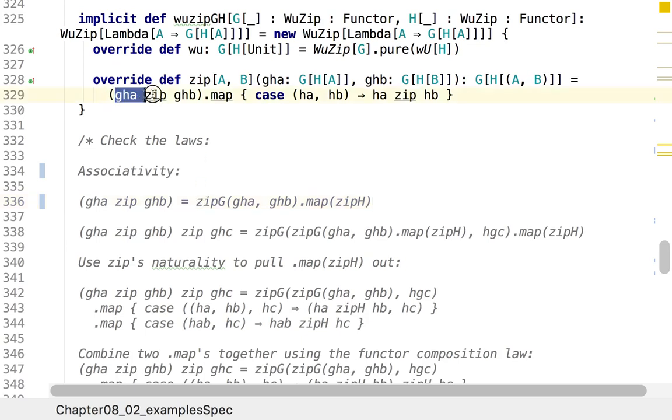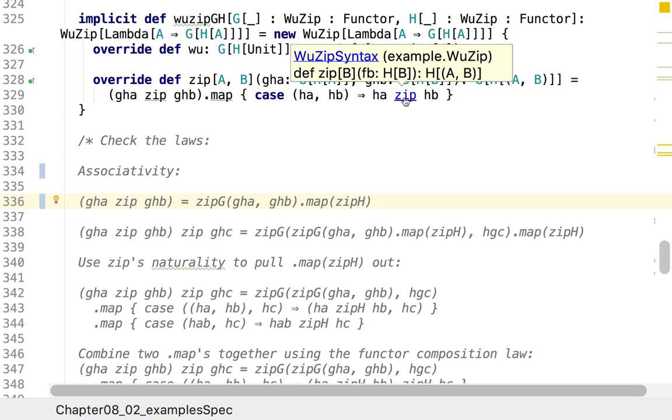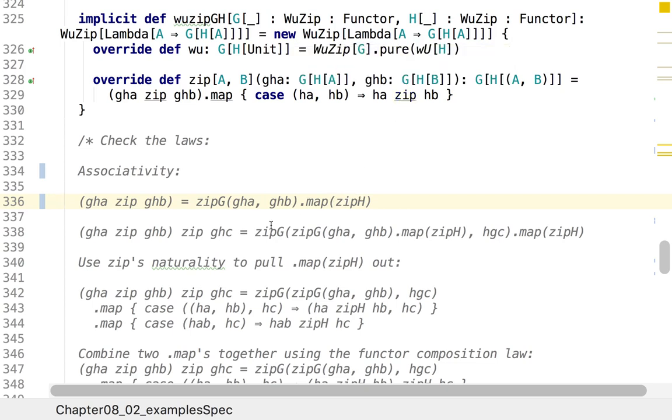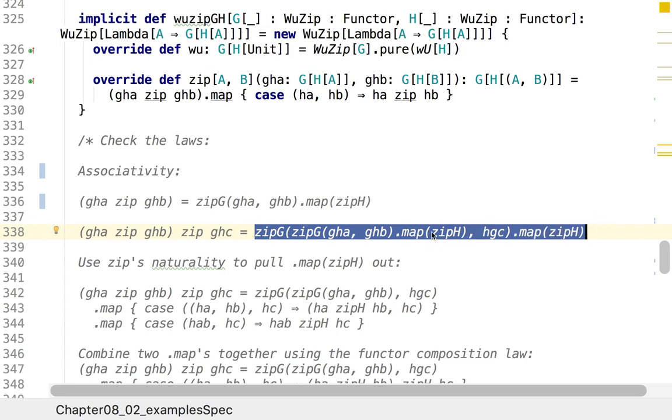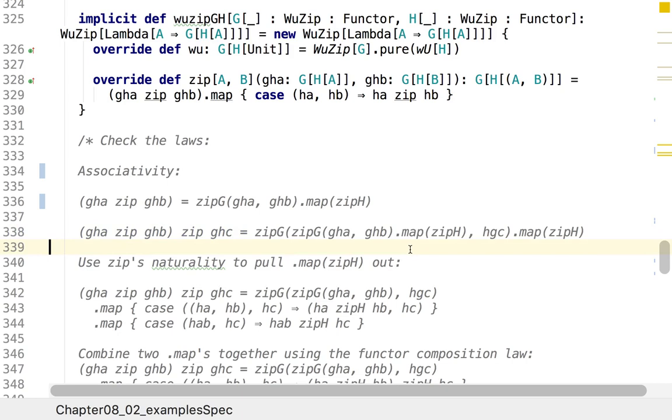Once we have the zip, we map that with essentially zip in the H functor. And when we have three values, GHA, GHB, GHC, and we zip them like this, then this is the result. Now, in order to simplify this, we use the naturality law for zip.